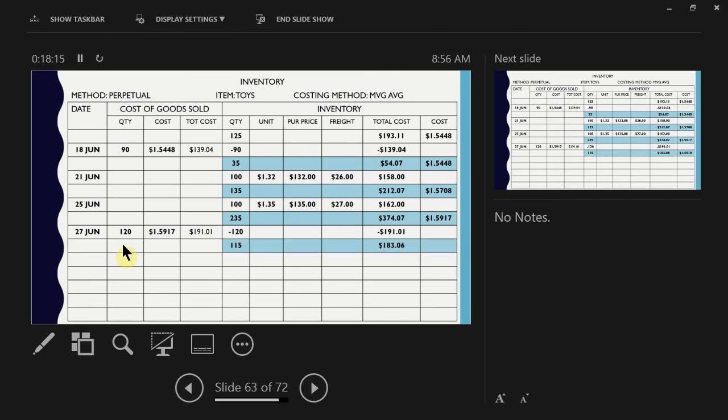And now we get a grand total. So 235 minus 120 is giving me a total of 115. And our new total is going to be 183.06. So let's go ahead and calculate the average cost here.